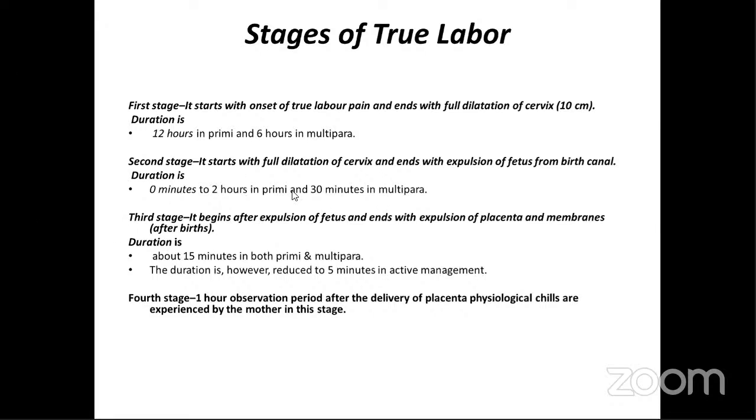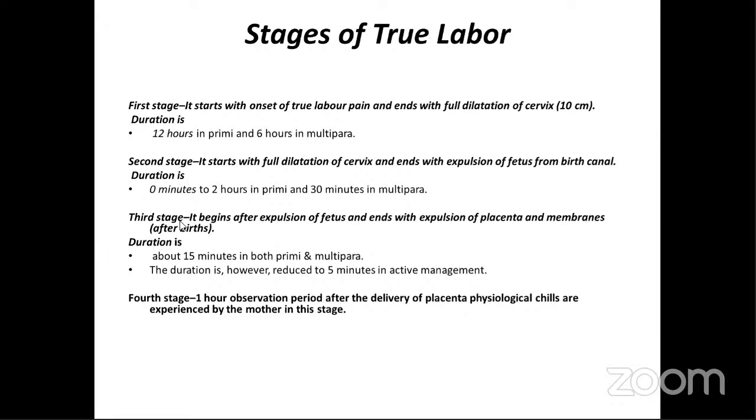That means there could be a sudden expulsion of the baby within a few seconds of full dilatation of the cervix, as in precipitate labor, and we don't consider it a normal duration of the second stage. So on average it is 15 to 30 minutes in multipara, and about 30 minutes to 2 hours in the primigravida, which is considered the normal duration of the second stage of labor.